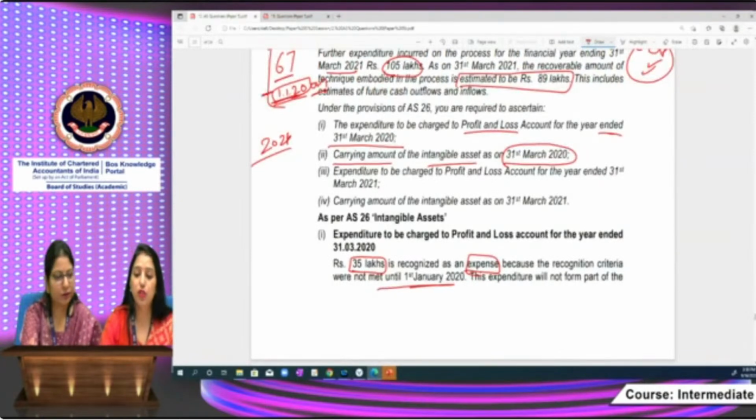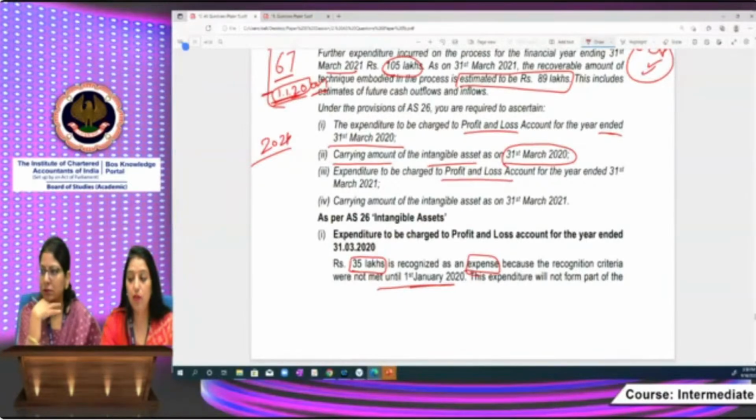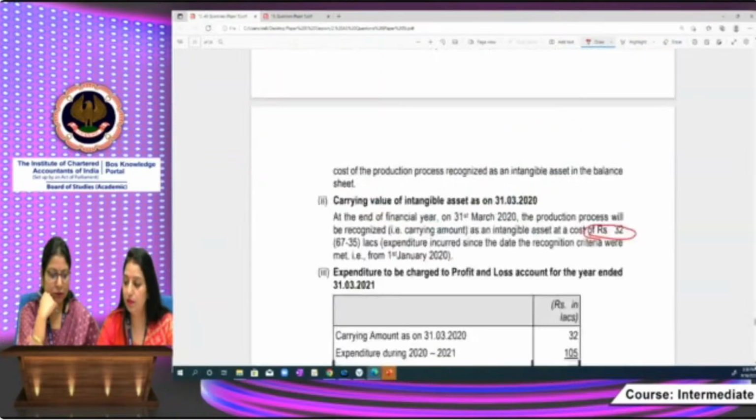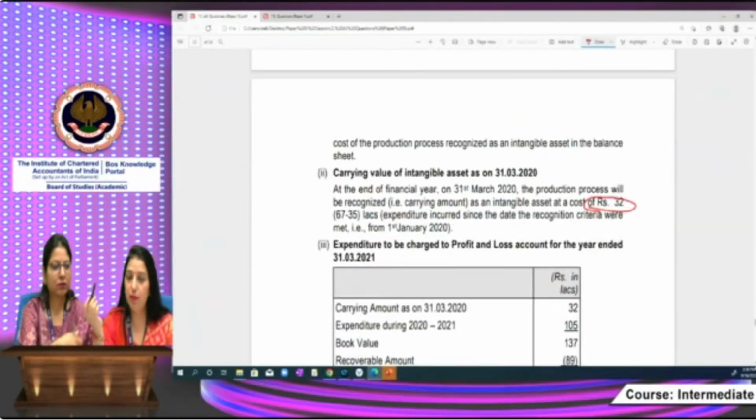Next requirement of the question is the expenditure to be charged to P&L for the year ended 2021. Now calculate how much expense you will charge to the profit and loss account. For 2020, 32 lakh will be the part of the cost of the asset.